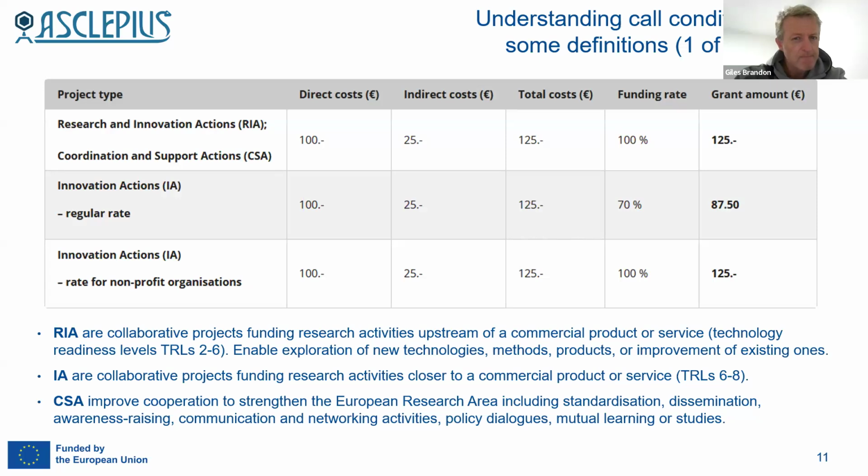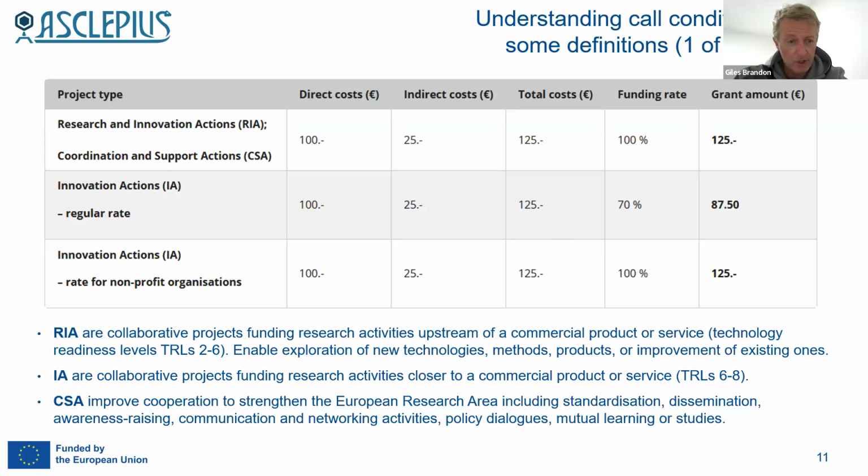So before I talk any more about the numbers in that table, let's step down to the bullet points at the bottom where I define more clearly what these acronyms stand for. So look, RIA, Research and Innovation Actions. These are collaborative projects that fund research activities upstream of a commercial product or service.